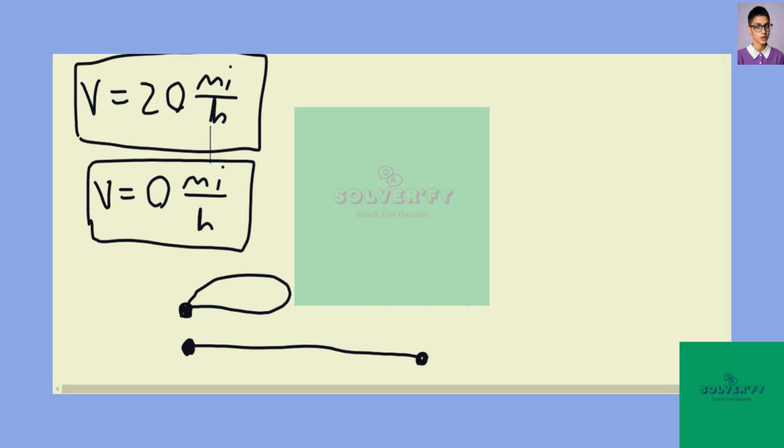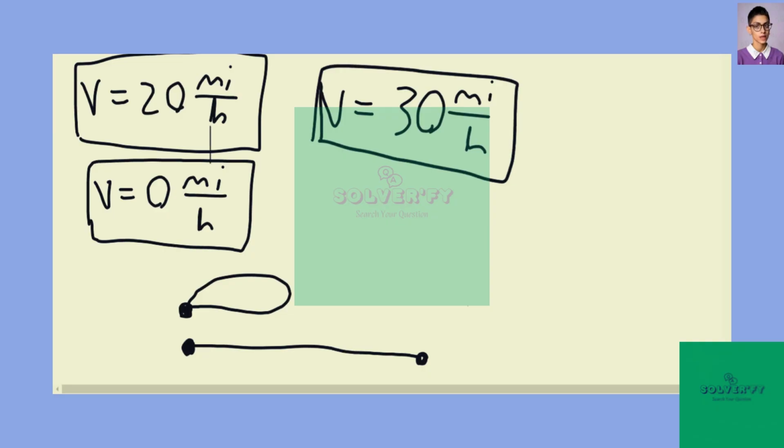So the average speed would be the same as the average velocity from the original equation, which was given in the problem: the average velocity for the whole trip was 30 miles per hour. So the average speed for this whole trip, going to the store and coming back, would be 30 miles per hour, because speed does not care about displacement, only velocity.